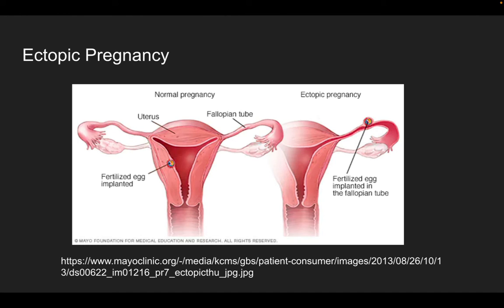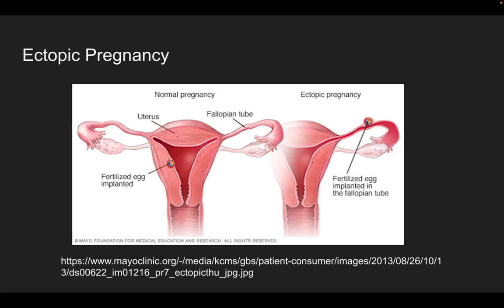So, ectopic pregnancy is also known as extrauterine pregnancy, and this is when a fertilized egg becomes implanted outside of the uterus. In most cases, ectopic pregnancy occurs in the fallopian tube, but it's also possible for a fertilized egg to implant itself in locations such as the ovary and the cervix. There are certain risk factors that increase one's chances of suffering from an extrauterine pregnancy.